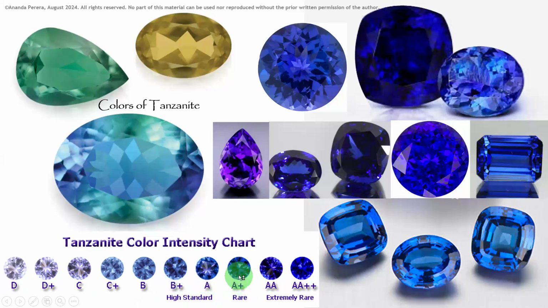A plus is rare. Double A and double A plus are extremely rare. So you can understand these are the colors of the extremely rare stones. And you can try to grade these colors with this intensity chart.